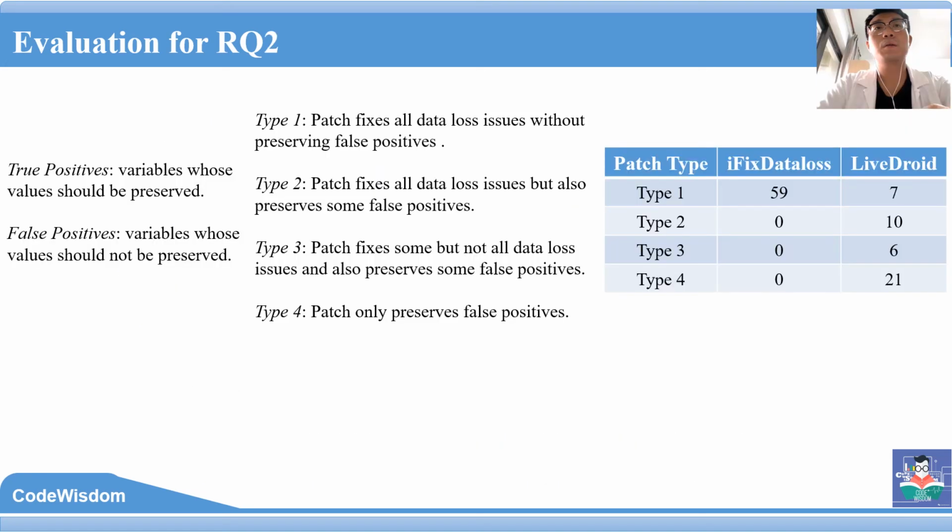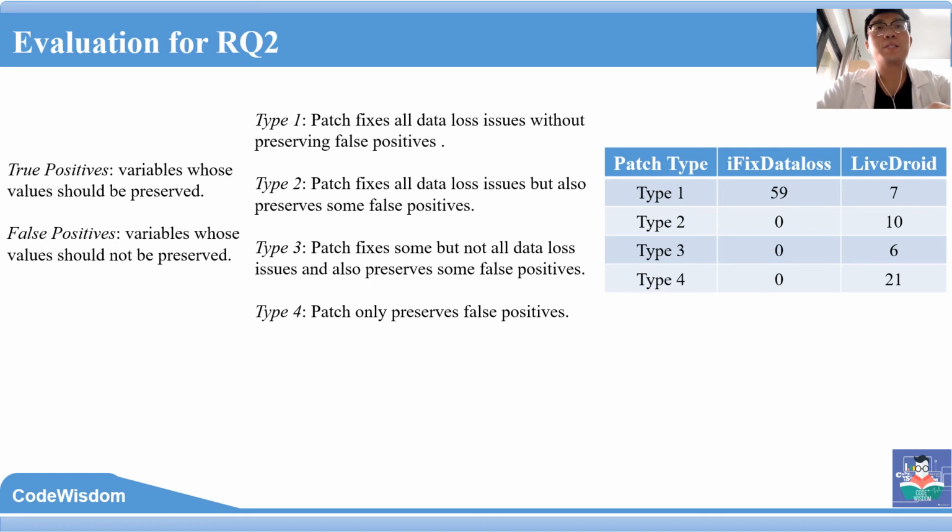For the second research question, we evaluate the quality of patches generated by iFixDataLoss and LiveDroid. We classify patches into 4 categories based on whether all data loss issues are fixed and the false positives. The 4 types of patches are from the best case to the worst case. Type 1 is the best case.